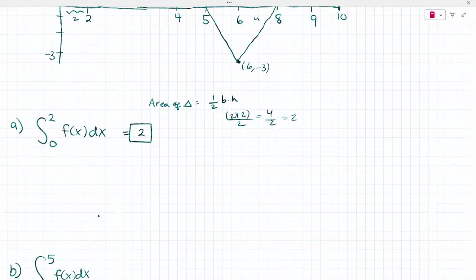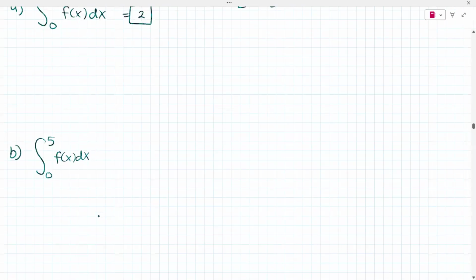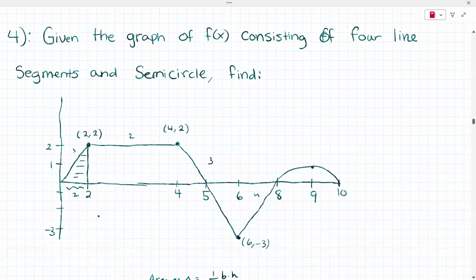Okay. What about the integration from 0 to 5? So here's 0, and here's 5. So you have to find this area and this area, this entire area. But do you see 3 shapes? Yes, I see this triangle, and actually there's 2 shapes. This could be a trapezoid, this whole thing right here.